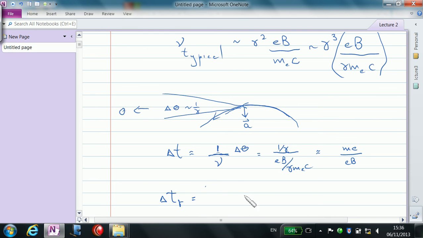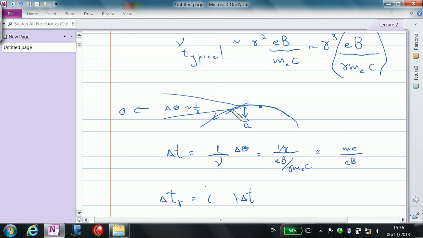He sees the emission for much less time because at the beginning of the pulse, the particle was here. At the end of the pulse, the particle's here.